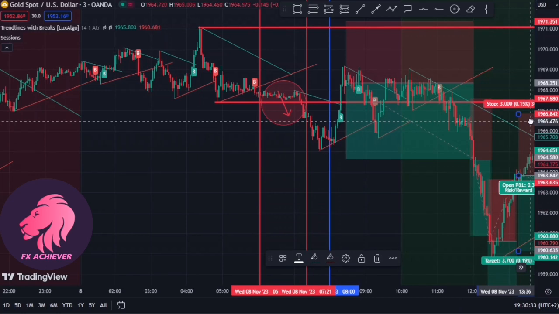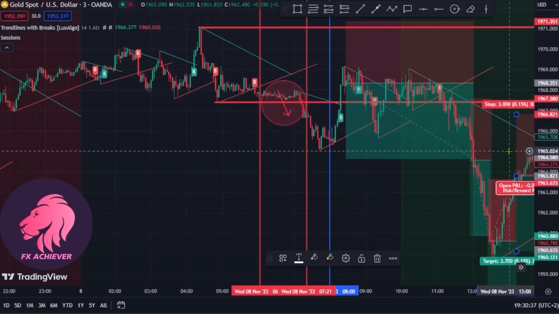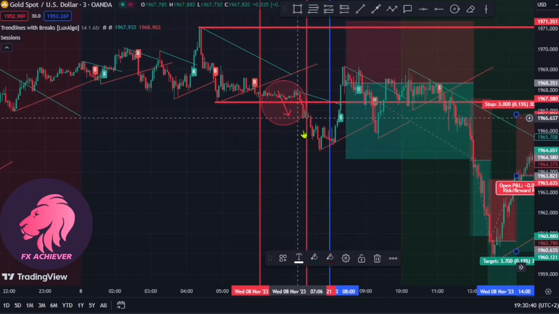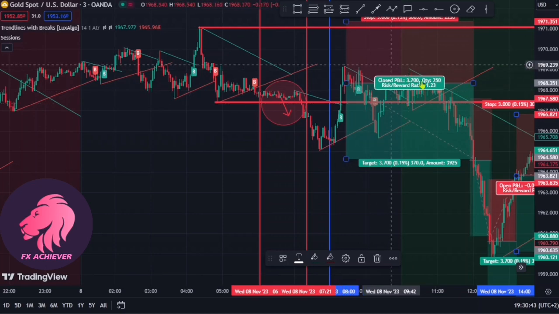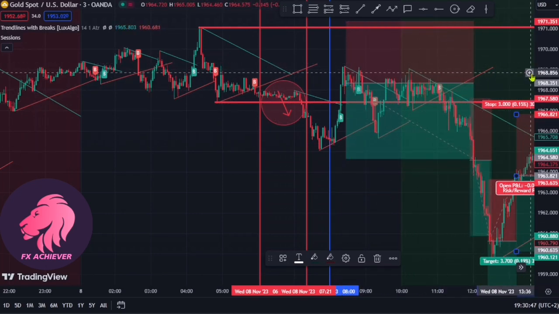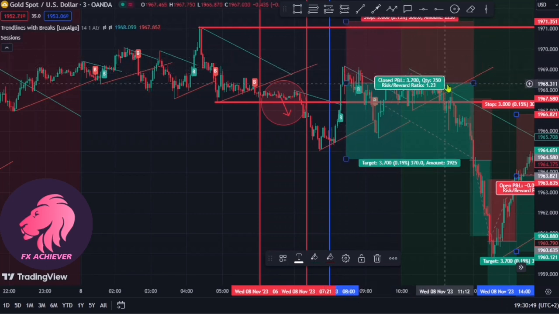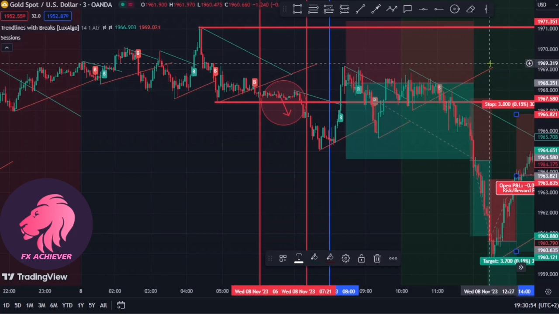So immediately after the red candlestick here, because I'm still below this and there was no green trend line that has been broken as yet. There was no green higher low that has been broken.